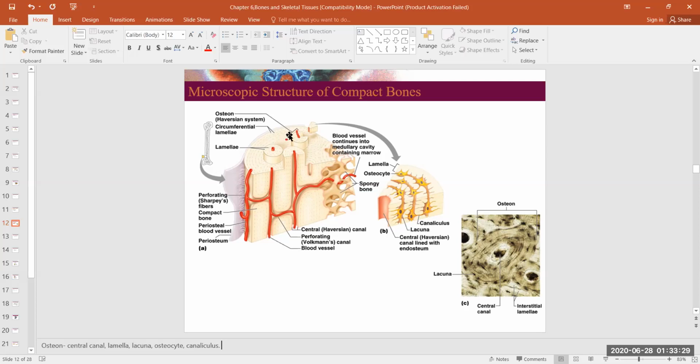And the lamella which is outside the osteon around the periosteum is called circumferential lamella. And the periosteum is attached to the compact bone by the perforating fibers, or we also call them Sharpey's fibers. Okay. This is the histology of the compact bone or hard bone.